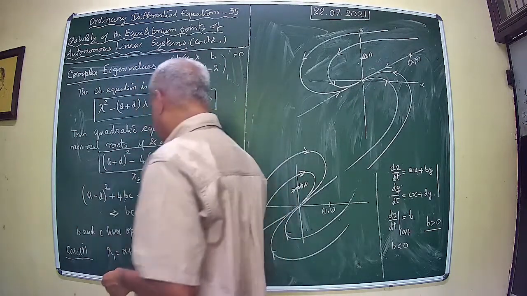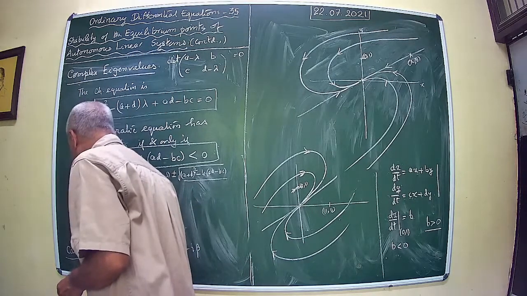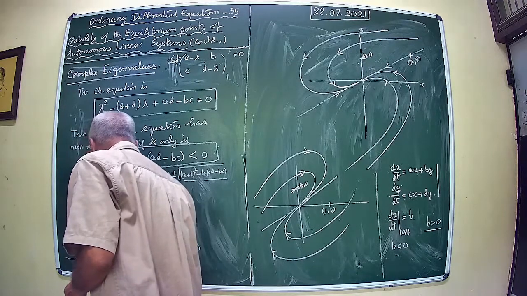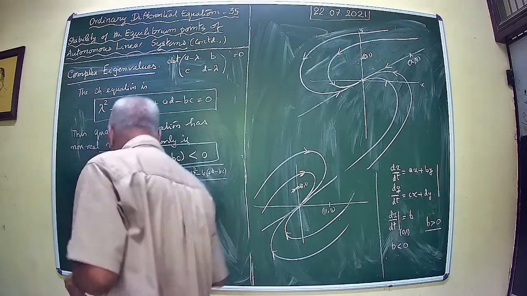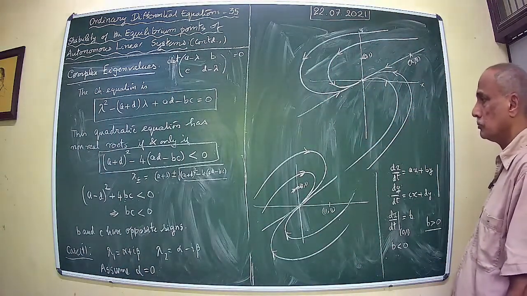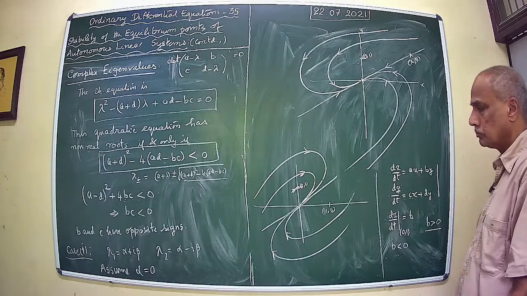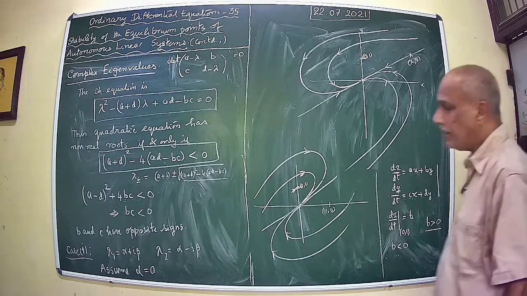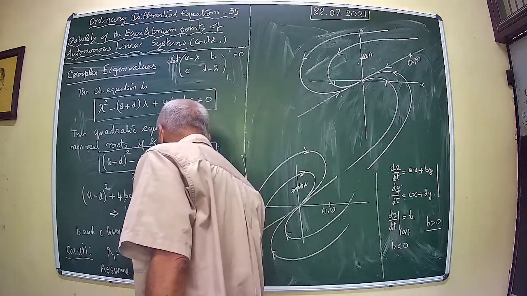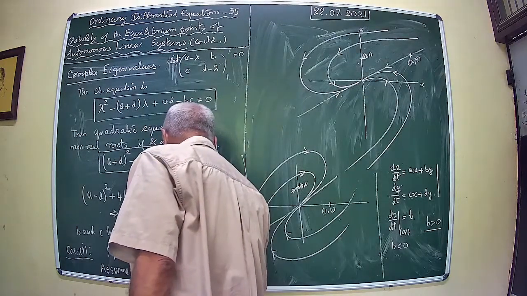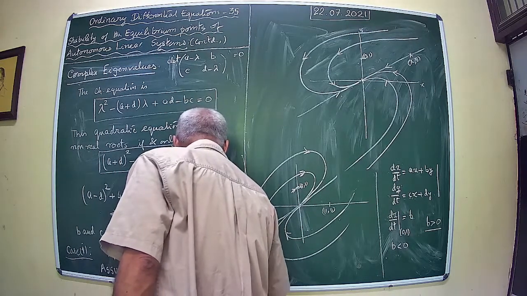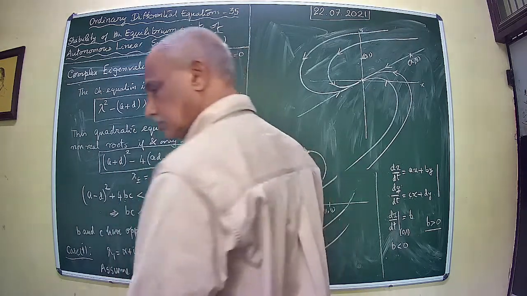Now we take the first case, where we assume alpha equal to 0. If alpha equal to 0, then lambda 1 is i beta and lambda 2 is minus i beta.